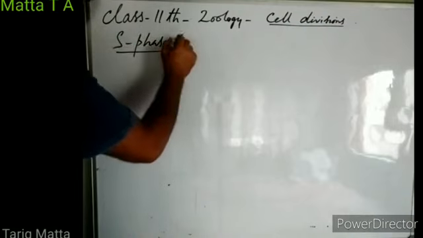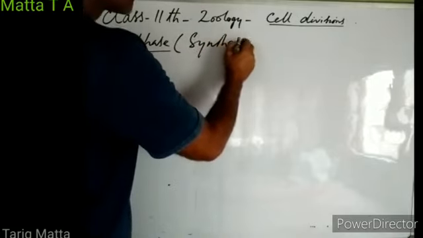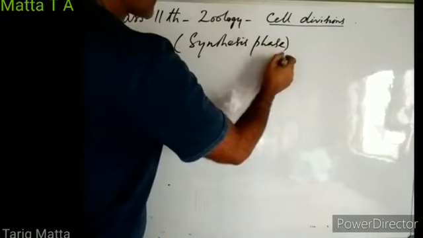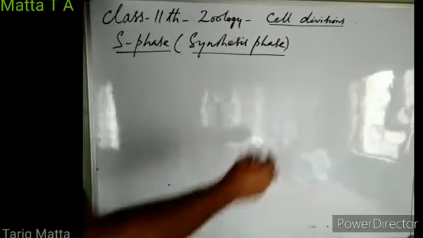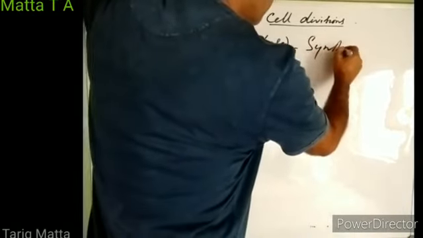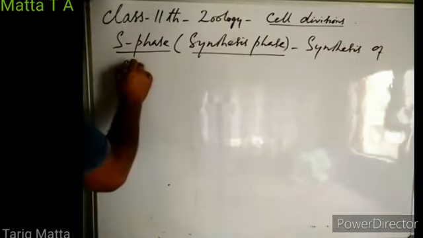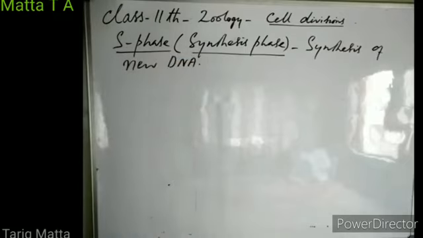This S phase is known as synthesis phase. Why do we call it S phase, synthesis phase? Because in this phase there is synthesis of new DNA. That is why we call it synthesis phase.